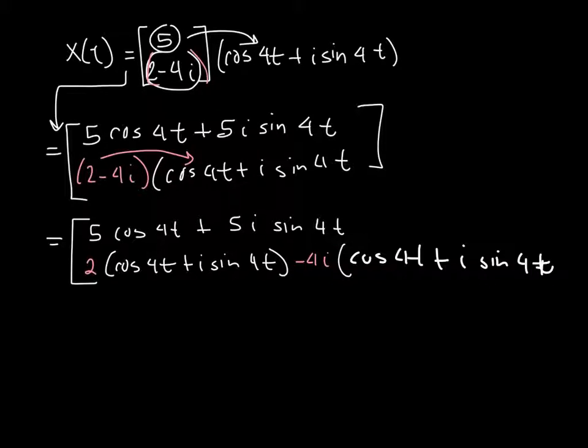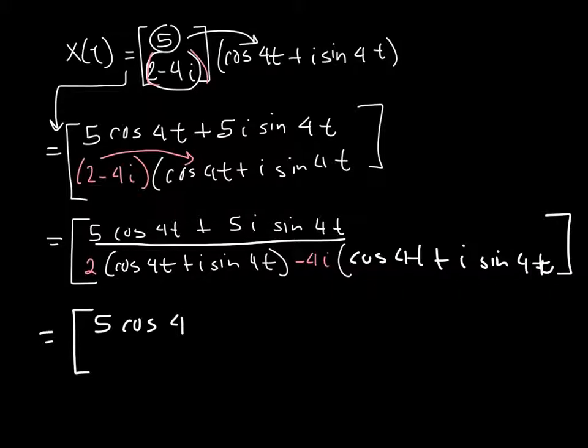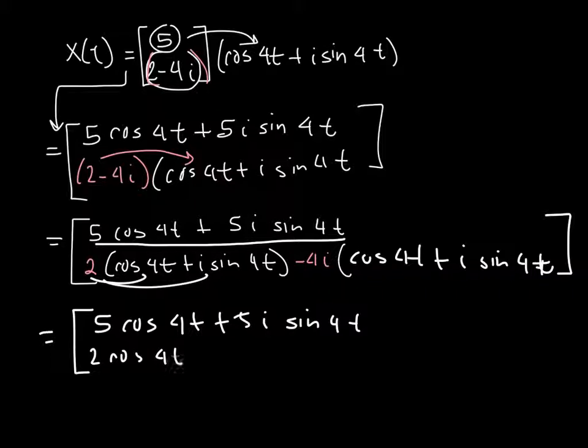Then I'm going to close this. This is the same thing, I'm just writing it over and over: 5 cosine 4t plus 5i sine 4t. Distributing, I get 2 cosine 4t plus 2i sine 4t.